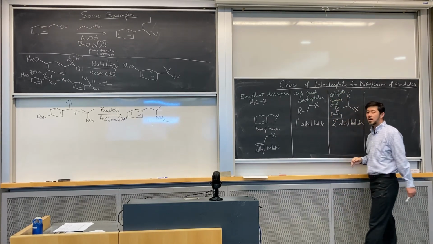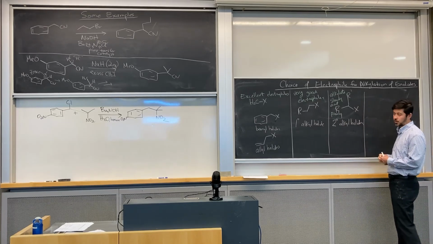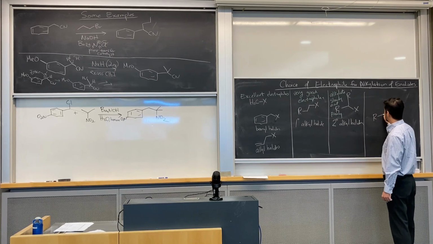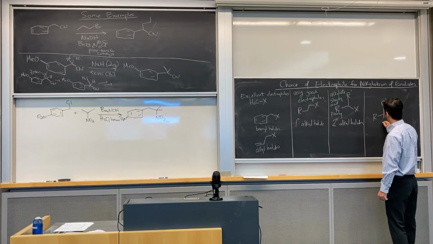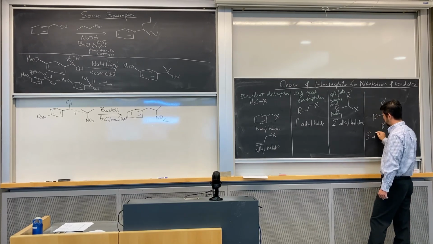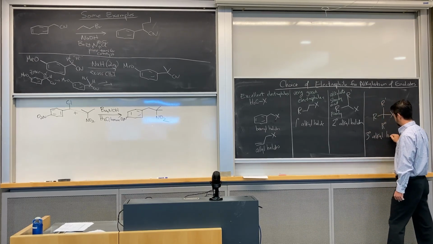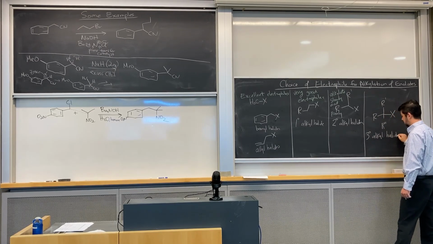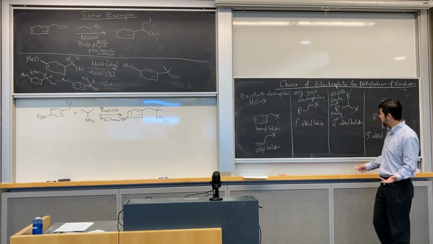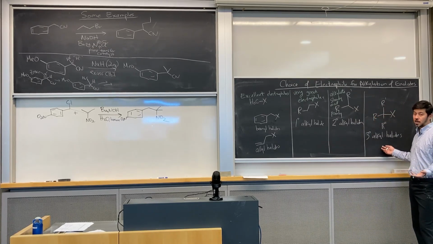So they're certainly not our first choice if we want a robust alkylation reaction. And then finally we would have tertiary alkyl halides. And as you might imagine, these ones here actually don't alkylate at all whatsoever.